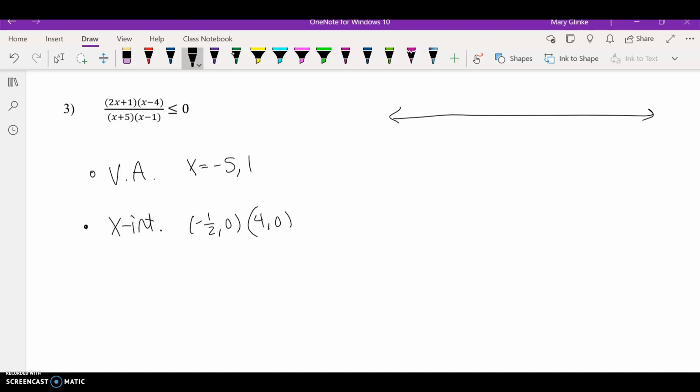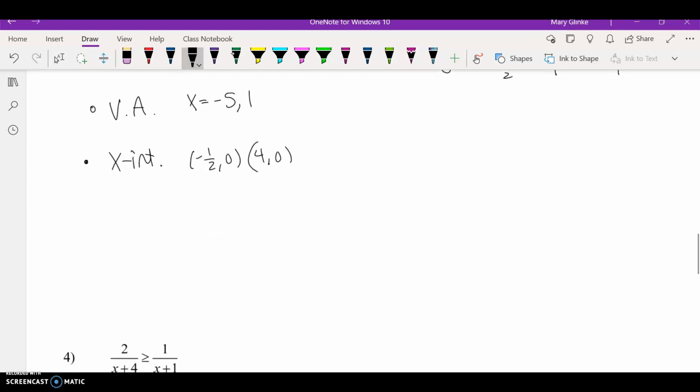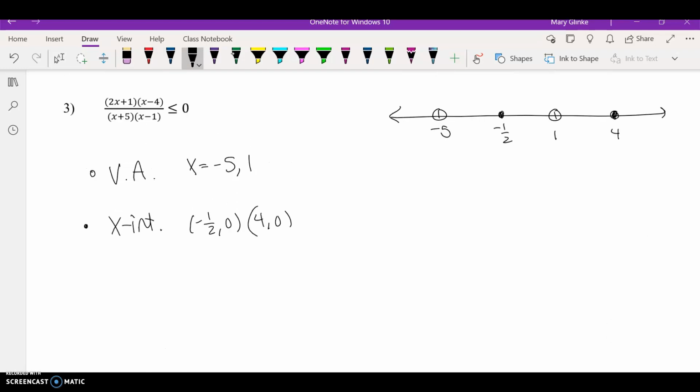Now put those on your number line. Okay. So we have two open circles at your asymptotes, two closed circles for your x-intercepts, and we are going to have four factors down the side: 2x plus 1, x minus 4, x plus 5, and x minus 1.